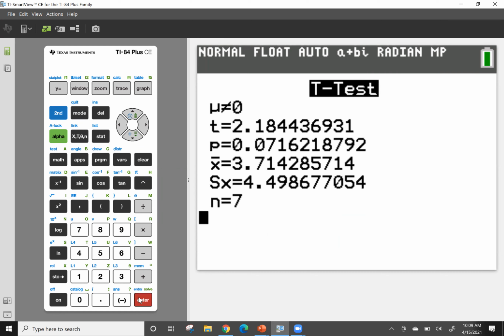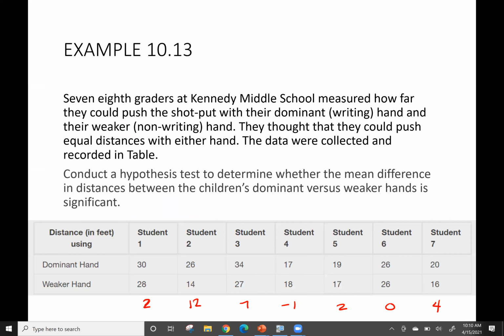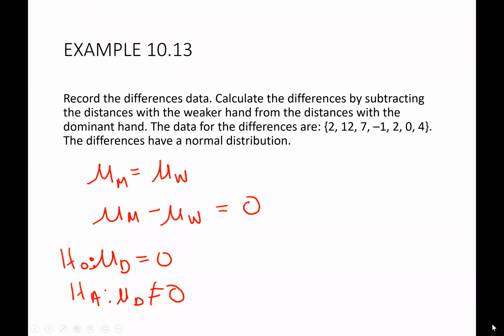Calculate. So I get my t-statistic to be 2.184 and my p-value to be 0.07.